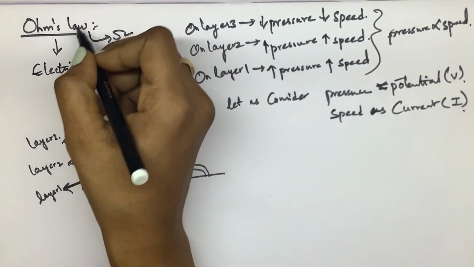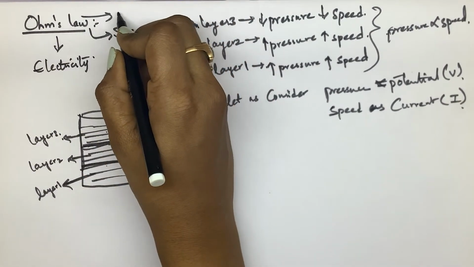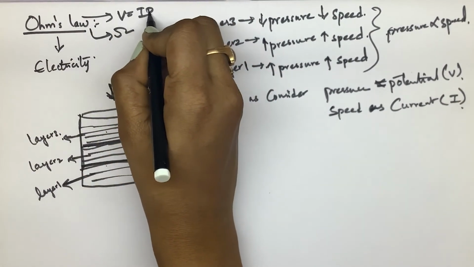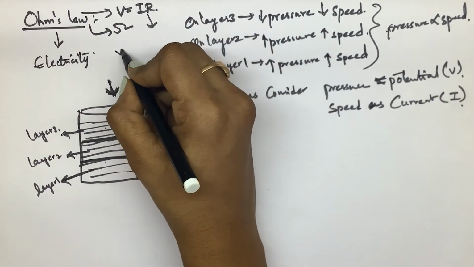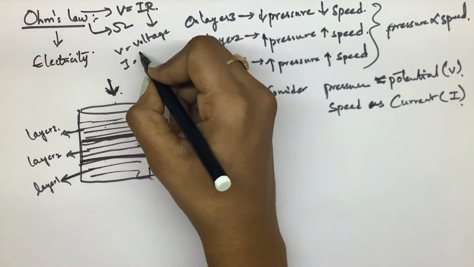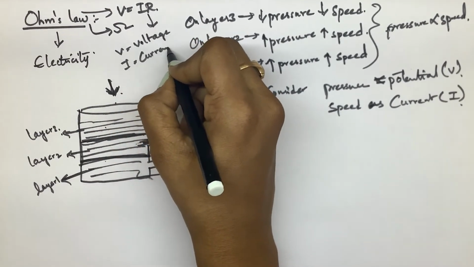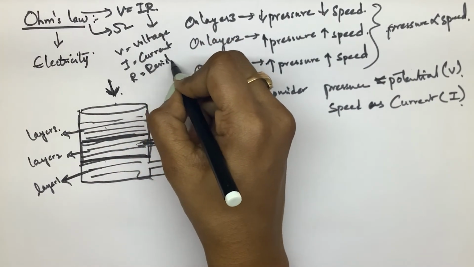According to Ohm's law, the formula is V equal to IR. Here V is equal to voltage, I is equal to current, R is equal to resistance.